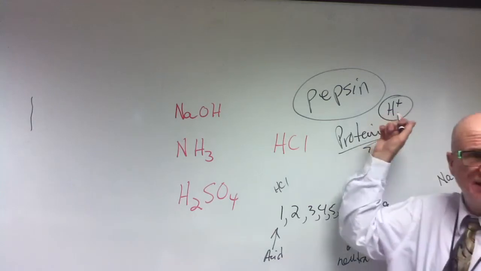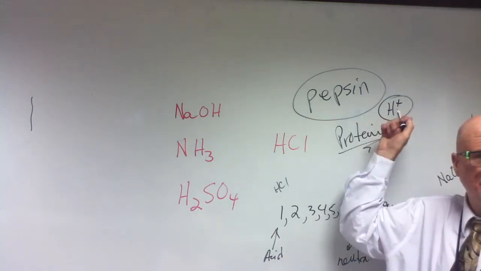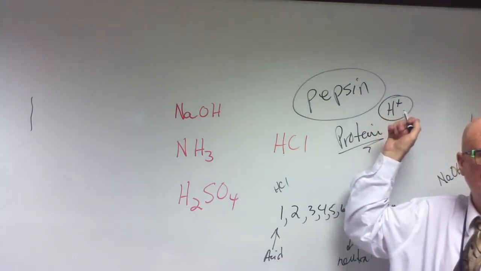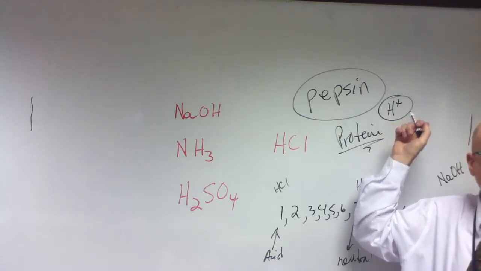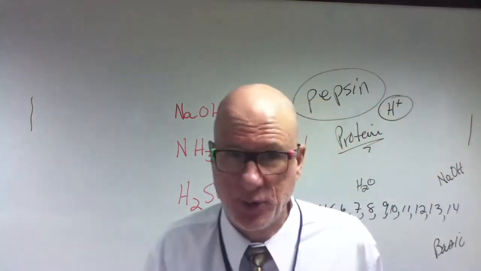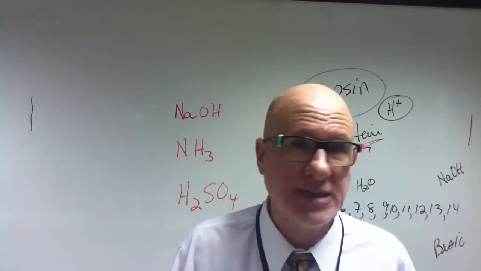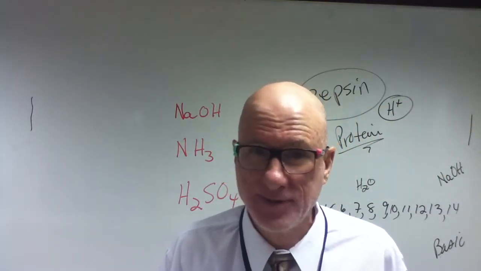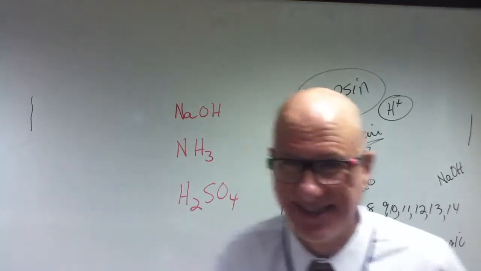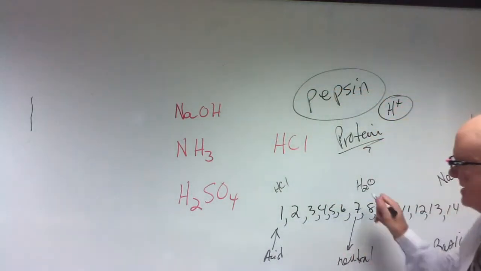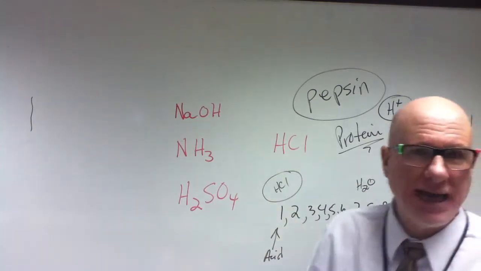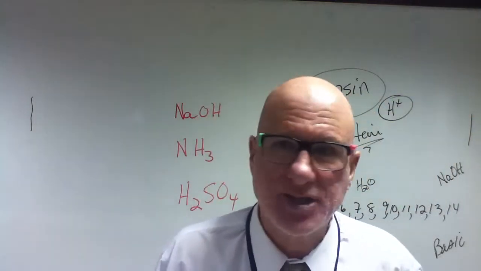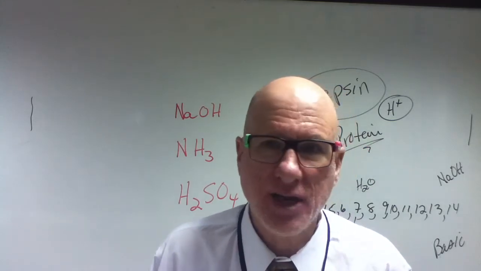But where does it get its acid? What's the acid? It's produced in the stomach. What kind of acid is produced in the stomach? Stomach acid. Right. Excellent. It's HCl. Now look up the pH of the stomach.